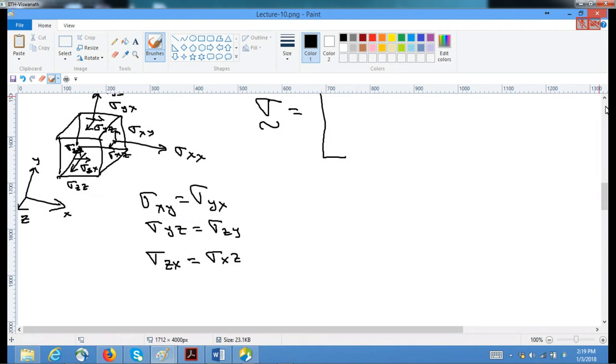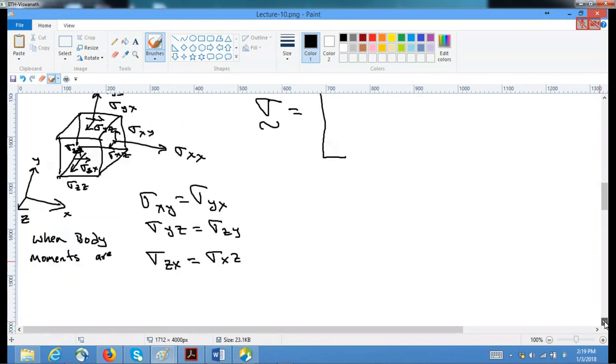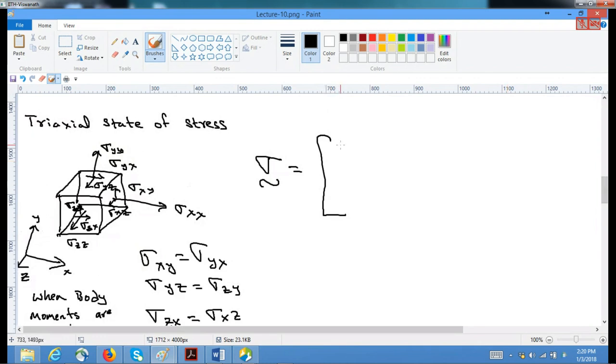These body moments are absent. So in this case, our stress tensor would look symmetric: sigma xx, sigma xy, sigma xz, sigma yy, sigma yz, and sigma zz, with the symmetric part mirrored.